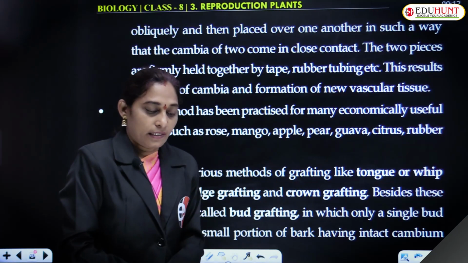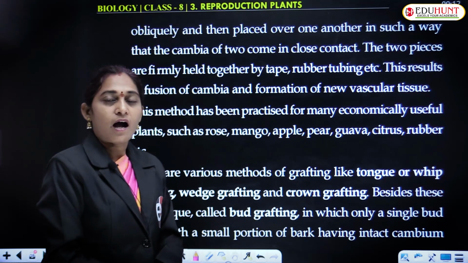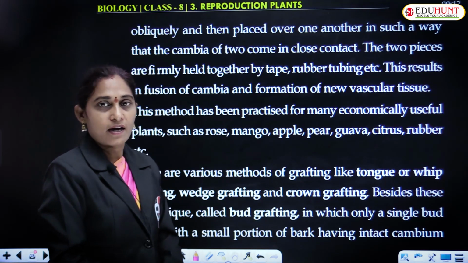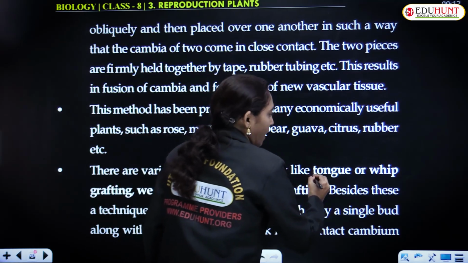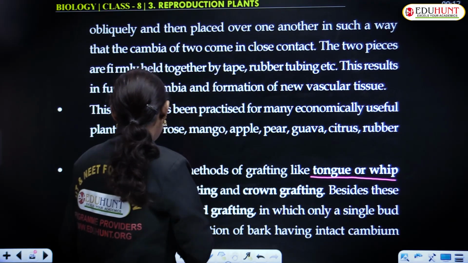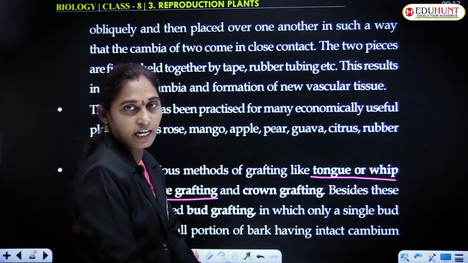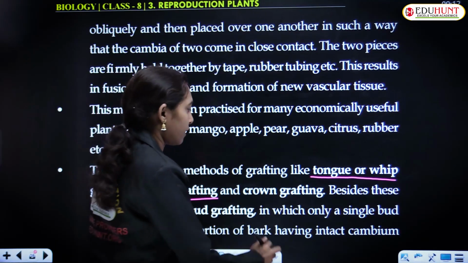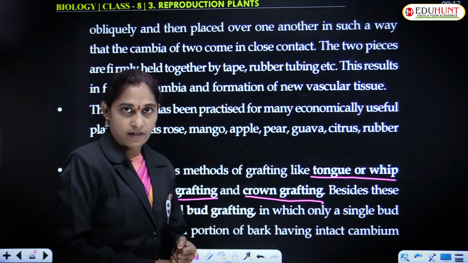Okay, let's move on to the types of grafting. How many types of grafting are there? There are basically three types: tongue or whip grafting, wedge grafting, and crown grafting.